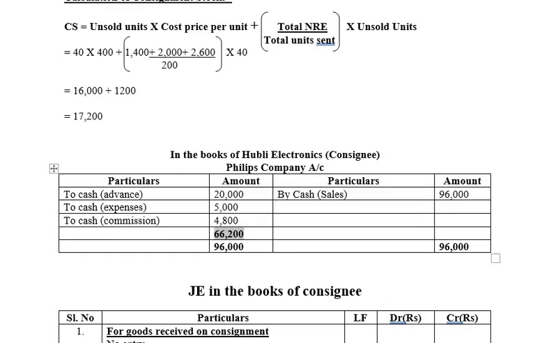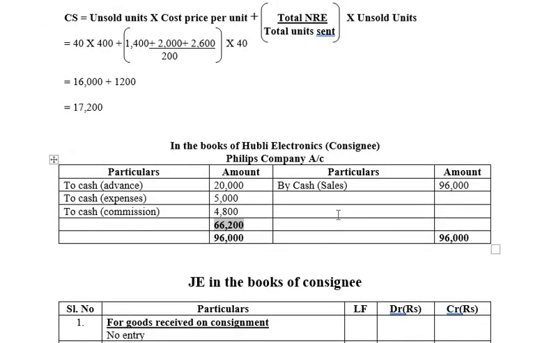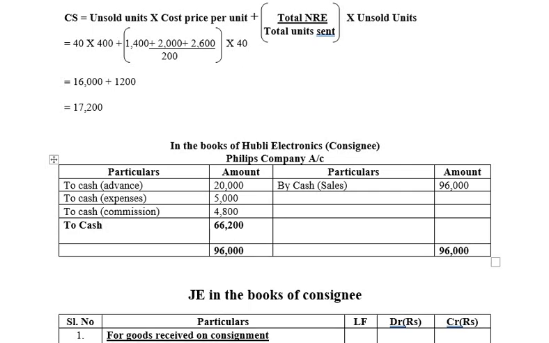Okay, look here, the balance of this is for the final payment made by consignor. So here it will be consignor's account debit to cash or bank. So it will be to cash or bank, in the bracket balancing figure, close the bracket.